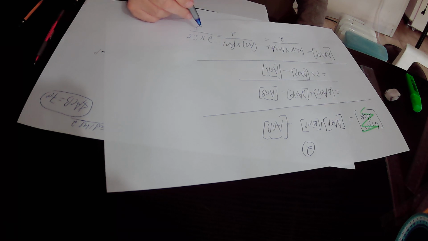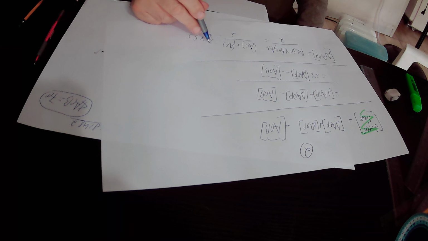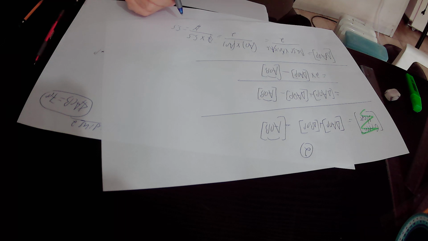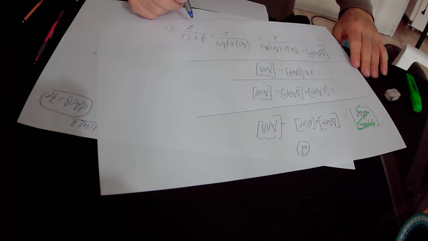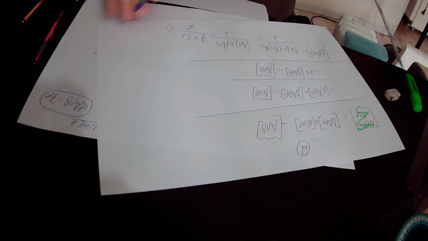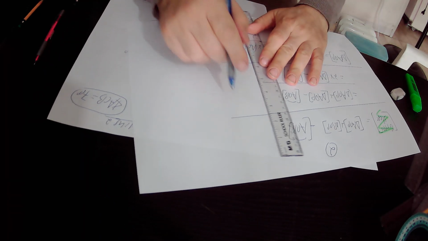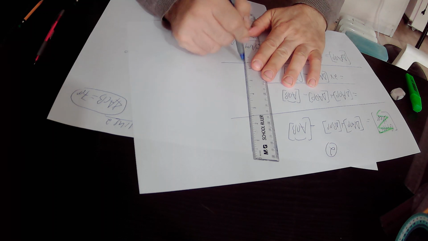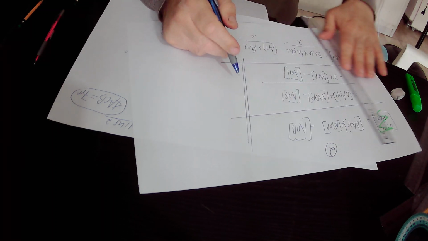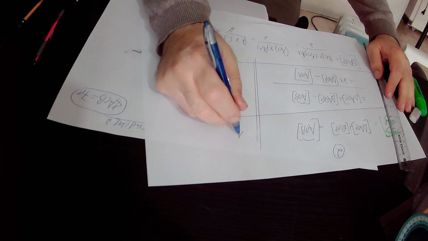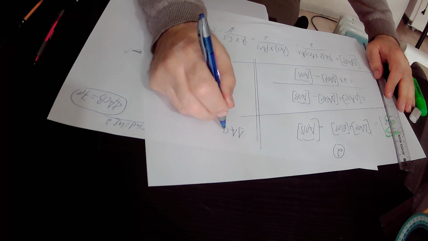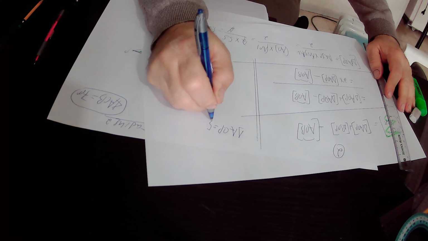We have 2 in the numerator and 2 in the denominator, so the 2 gets cancelled, and we are left with only 5.5. So in conclusion, we found out that the area of the upper right triangle AOP is equal to 5.5 square units.